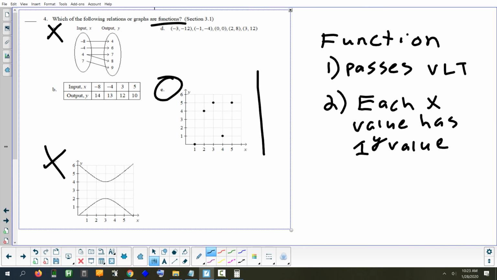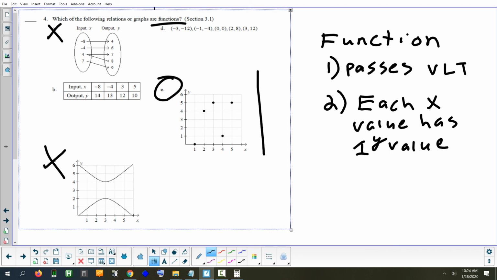No good. All right. Now we can do the same thing with B. -8 goes to what number? 14. Anything else? No. Then it's fine. -4 goes to what number? 13. Perfect. 3? 12. 5? 7.